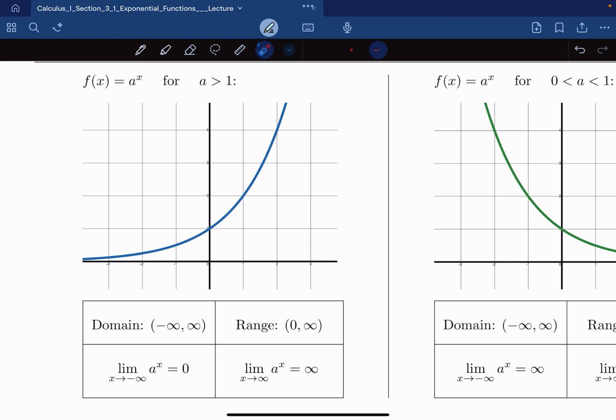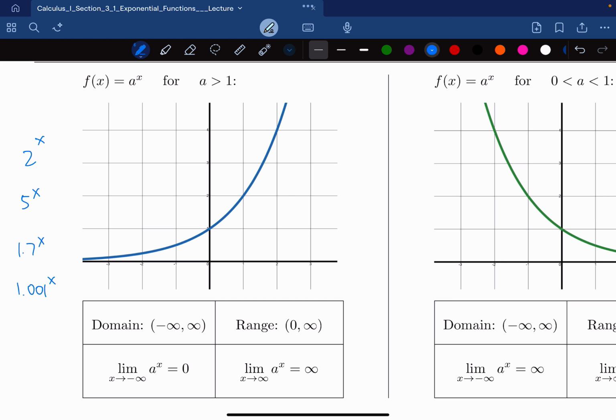So for numbers that are bigger than 1, for example 2^x, 5^x, 1.7^x, about 1.001^x, these are all numbers greater than 1.